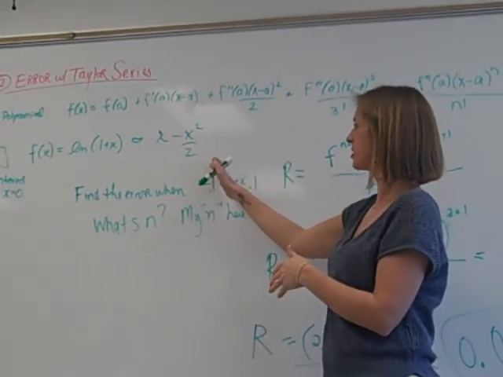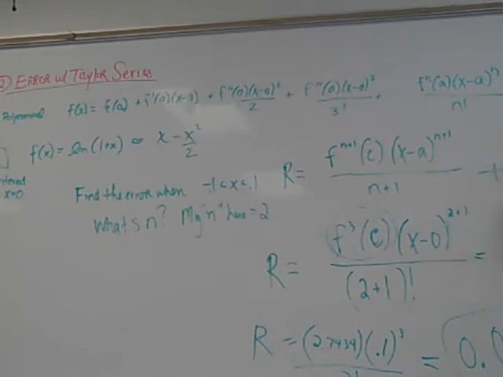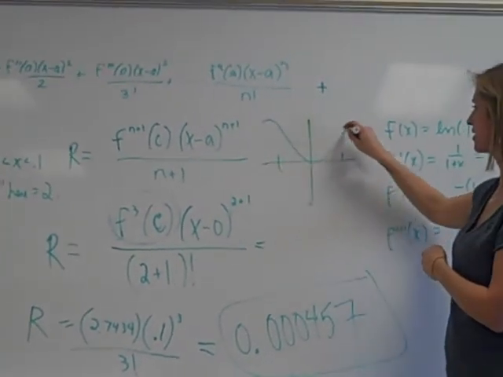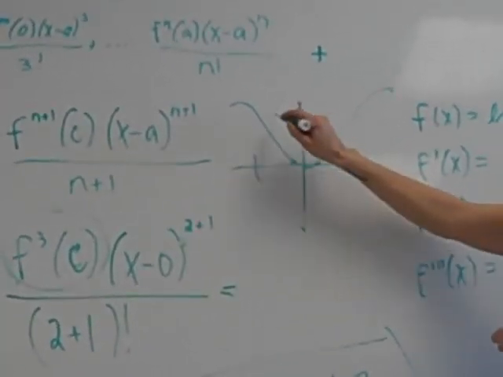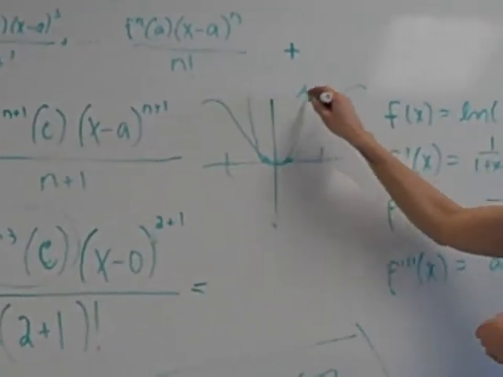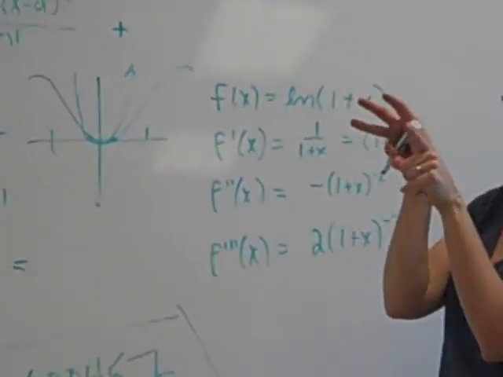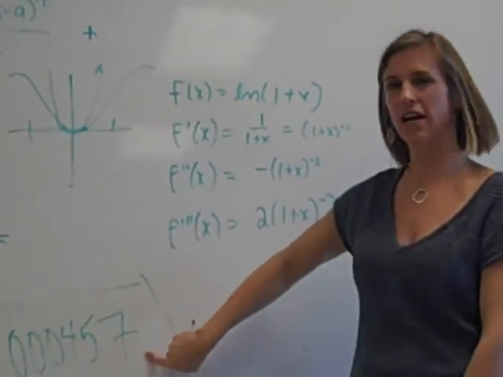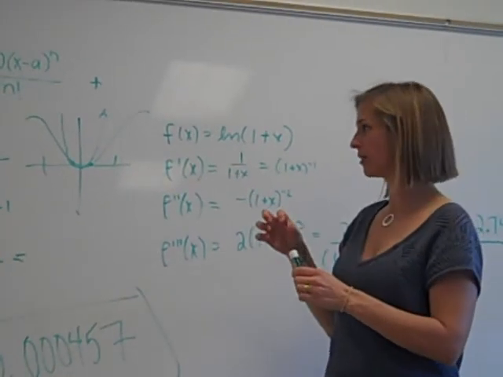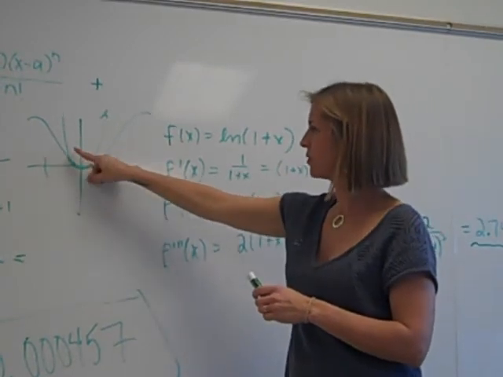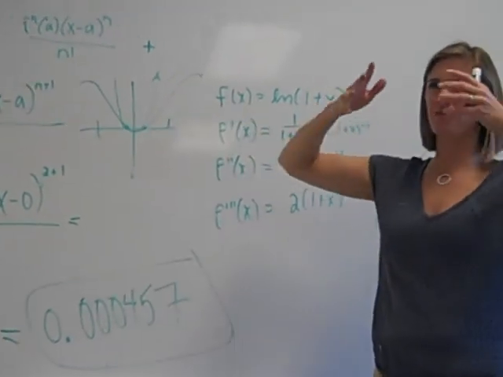If I cut it off at this spot, when I'm only on the interval negative 0.1 to 0.1, from here to here, the most that my series is going to differ from my real function is this little tiny amount. That's the maximum I could be wrong as far as the gap between the real function and the series function when I graph it from negative 0.1 to 0.1.